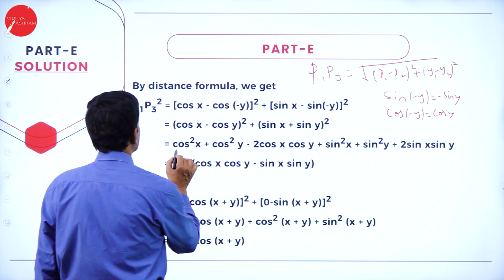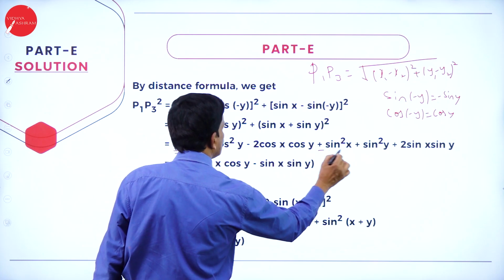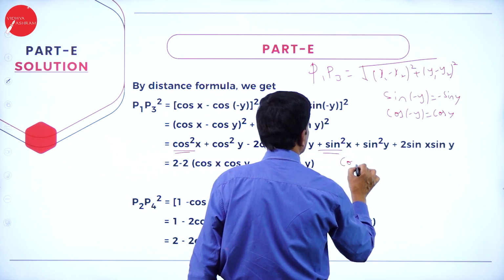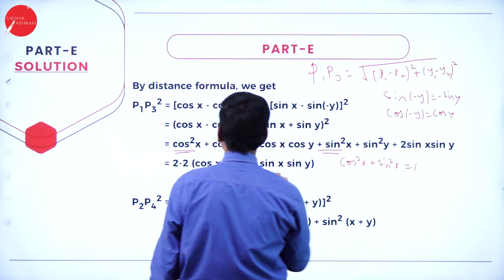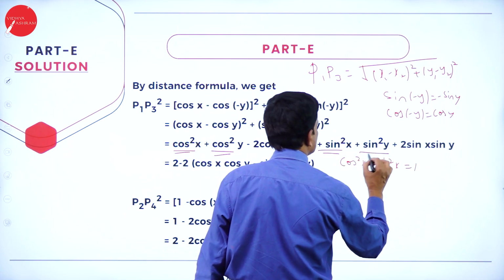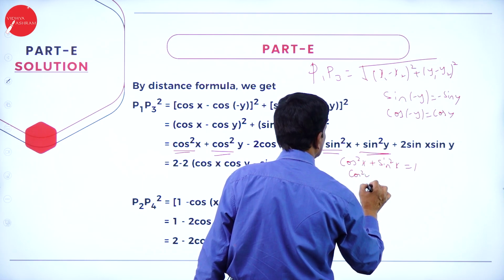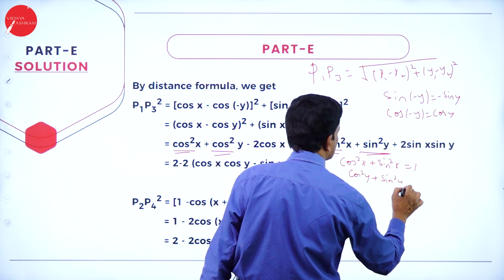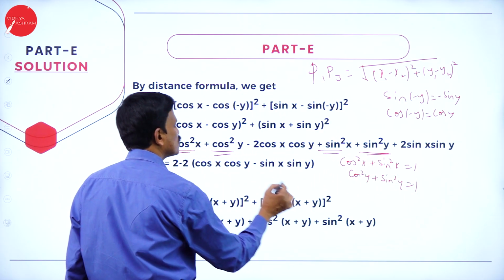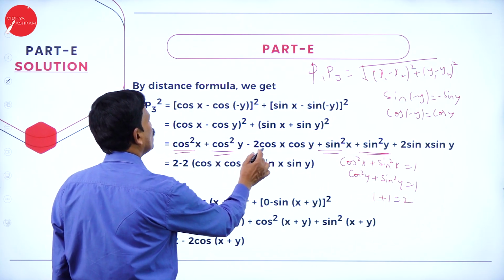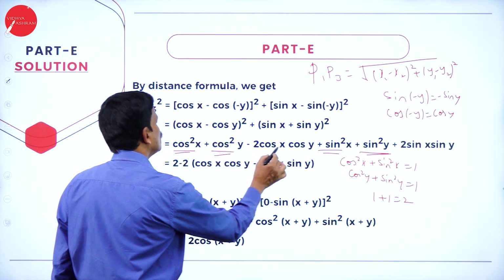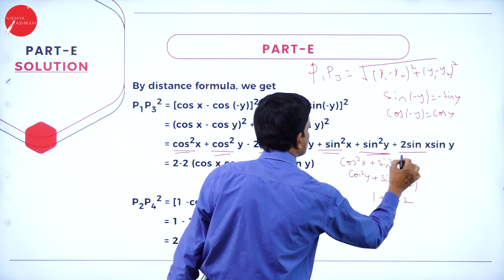So we have cos square x plus sin square x, which is equal to 1. Similarly, cos square y plus sin square y is also equal to 1. So 1 plus 1 is equal to 2. What is left over is 2 cos x cos y and 2 sin x sin y.